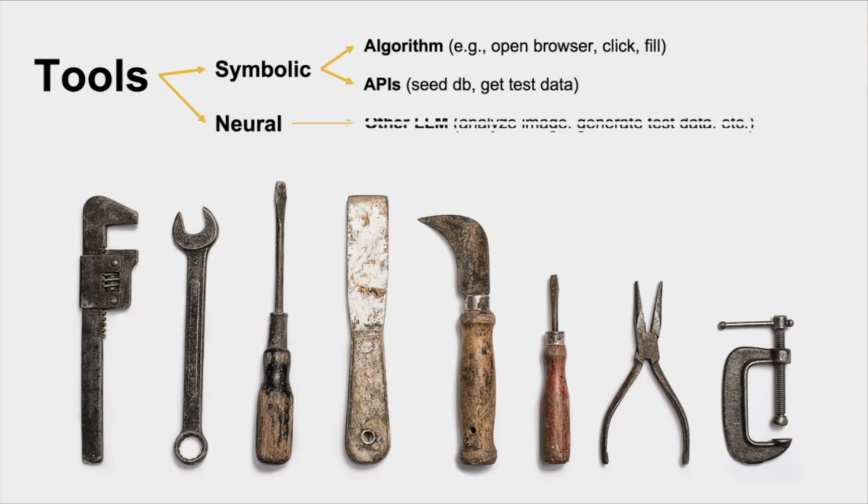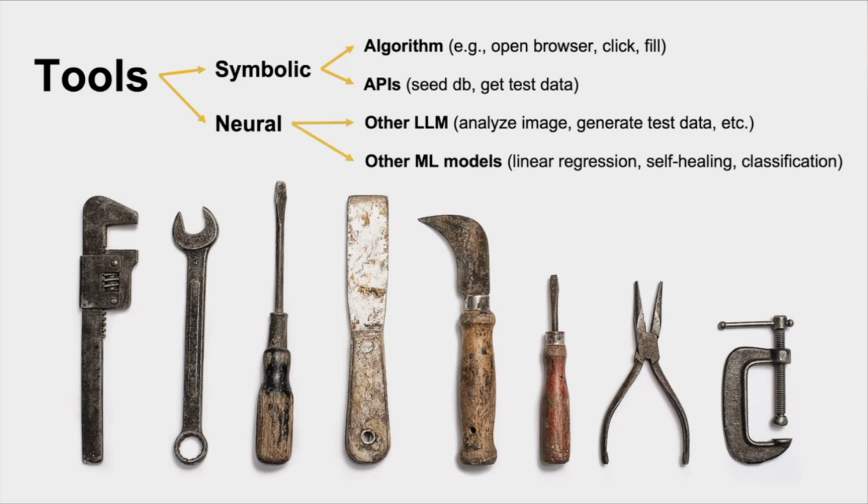But it could also be neural tools, which could be another LLM, or some other tool using an LLM. For instance, you could analyze an image or generate test data and so on. Or it could be traditional machine learning model-based tools like linear regression, self-healing, or classifying failures and so on. So basically, these are the tools which are integrated into our LLM. I'll show you an example of how this works.